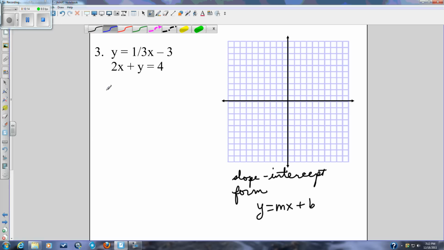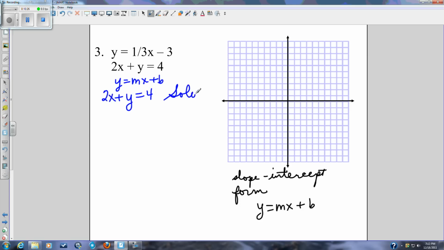So basically, what we're going to have to do with that second equation to get it into the form y equals mx plus b is to just solve for y. So let's go ahead and do that. So we'll subtract 2x from each side.